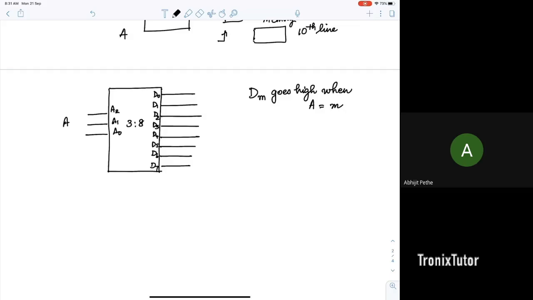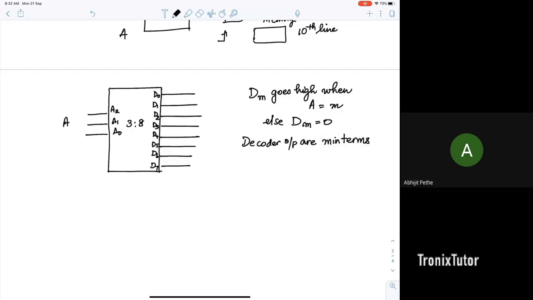D0 will go high when the decimal value of A is 0, D2 will go high when the decimal value of A is 2. So Dm goes high only when A is equal to m, else Dm is 0. So what can you say about the logical expressions of D0 to D7? Correct, very good. This is nothing but the minterm. So the decoder outputs are minterms.